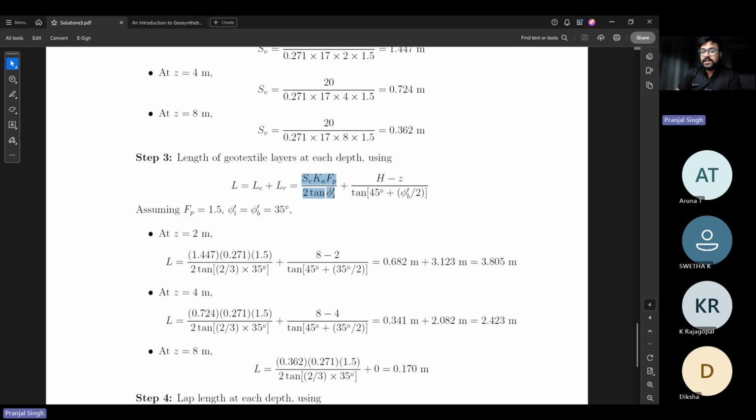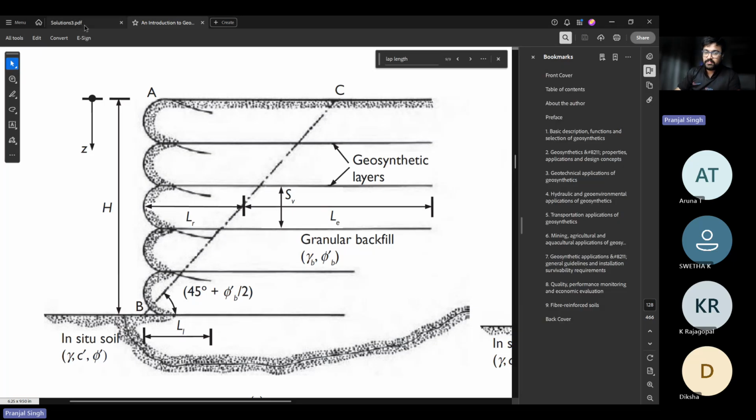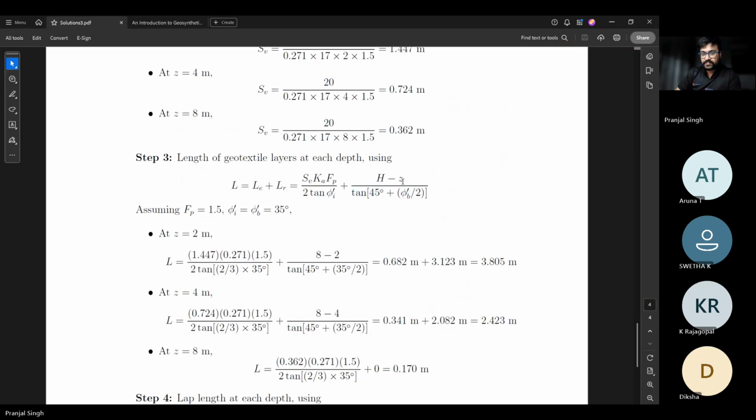So here LE plus LR is given. LR value you can find out from the geometry only. This varies with Z. And then the LE value, again simple, you have to calculate what is the force acting, what is the friction. So here for phi, you have to use the interface friction angle, which is taken as the same as the soil internal friction angle.